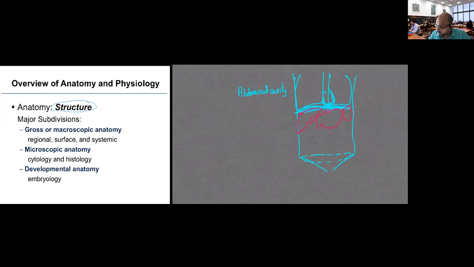Here on the left, this is going to be the spleen. The continuation of the tube coming down from the stomach is my small intestine that will conduct to the large intestine. So here I'm describing a specific region. So we call this regional anatomy.